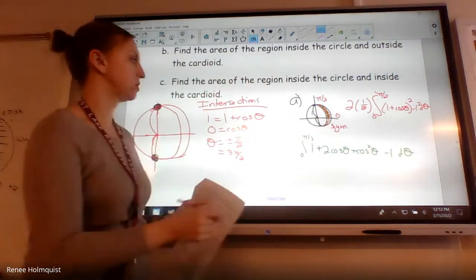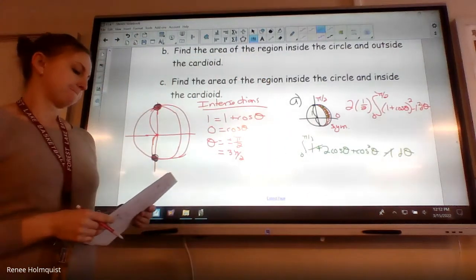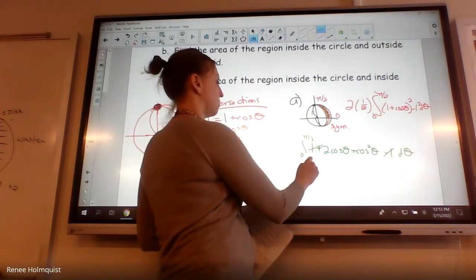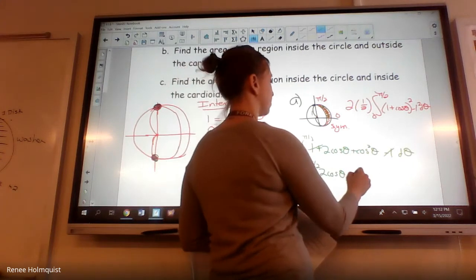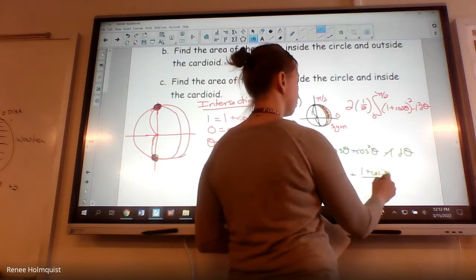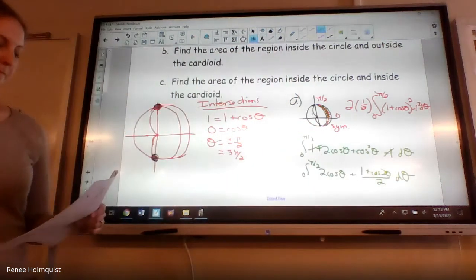Okay, so my 1's go. This 2 cosine is fine, but the cosine squared, I'm going to switch to 1 plus cosine 2 theta over 2 d theta.